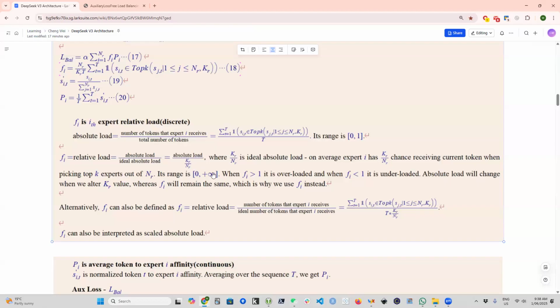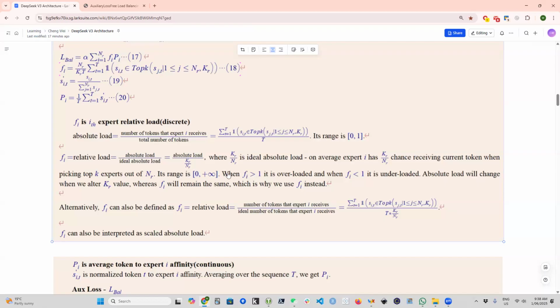So its range will be 0 to infinity. Right. This is like a probability, so they are all positive numbers. It can go to 0, and it can go to infinity.